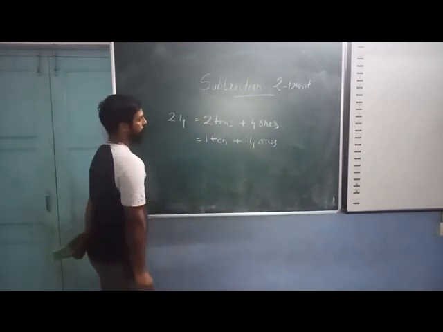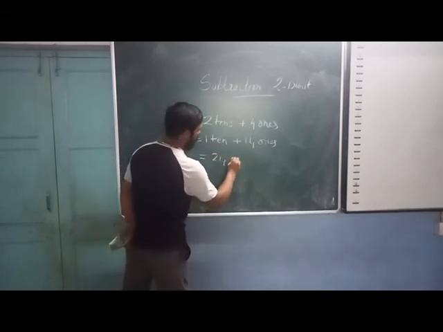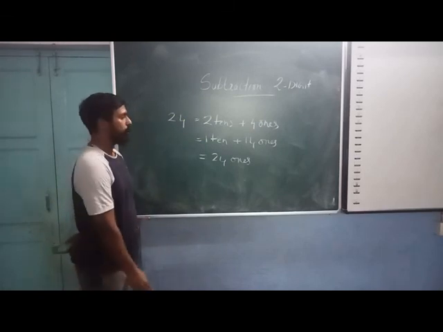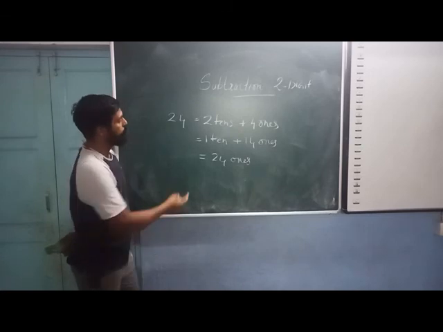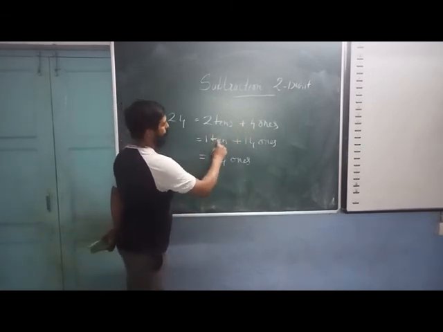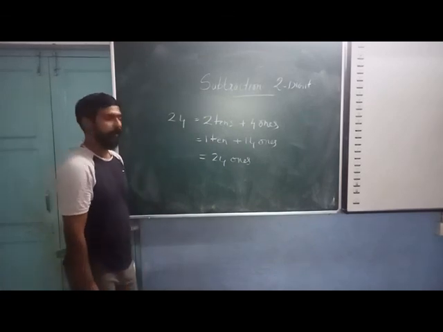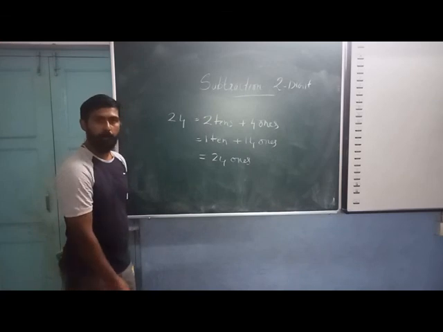Okay. Or we can write it as 24 ones. Is that clear? So we can write it this way. 2 tens and 4 ones, 1 ten plus 14 ones, and 24 ones. So there are different ways of regrouping also.